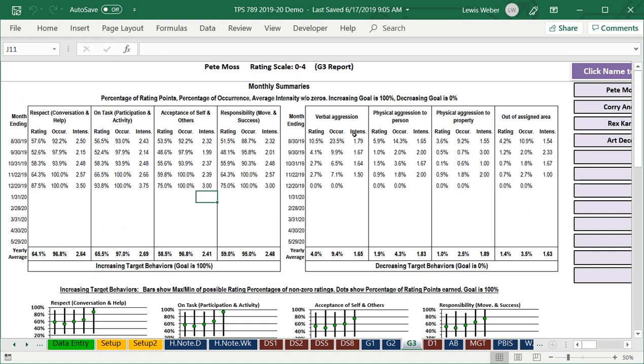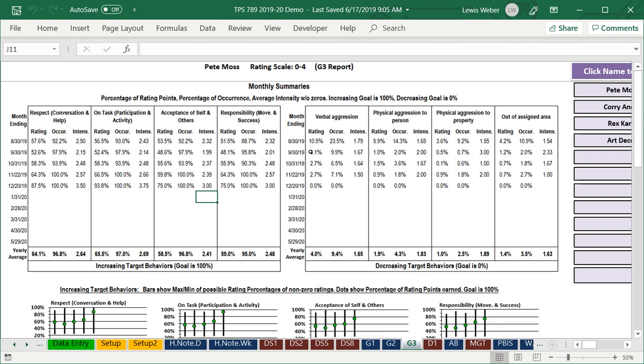And let's hop over here to percentage of rating points for decreasing targets. Now you'll note here we have 0% is the goal. And of course that makes sense when you think about it. We want for our decreasing targets the zeros to be earned as well, that is the goal, that there would be no target behavior observed for verbal aggression and physical aggression and so forth.